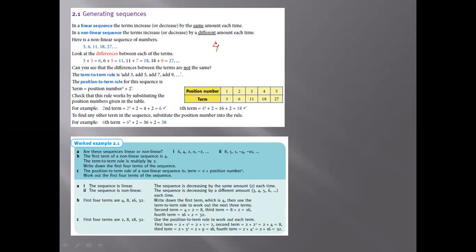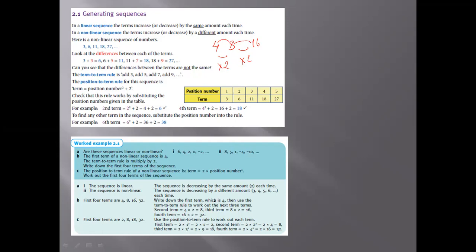The first term is 4. The second term, multiplied by 2, is exactly 8. And 8 times 2 is 16. As you see here, the differences are not the same. Between 4 and 8, we have plus 4. And between 8 and 16, we have plus 8. That's why it's non-linear.